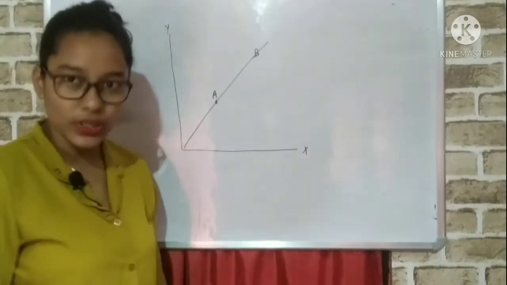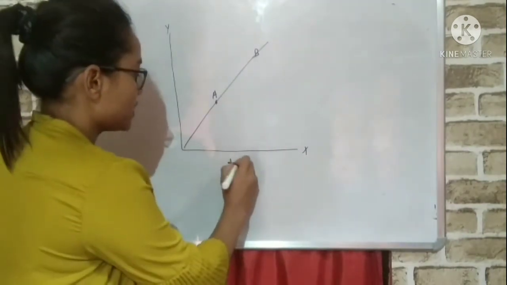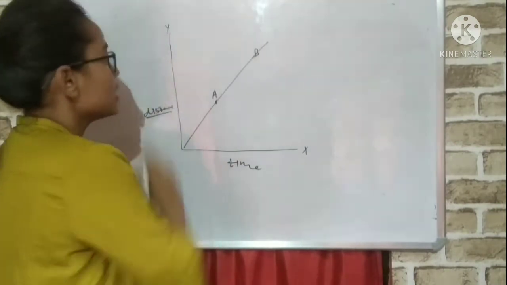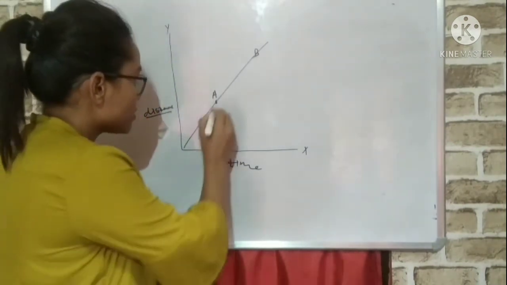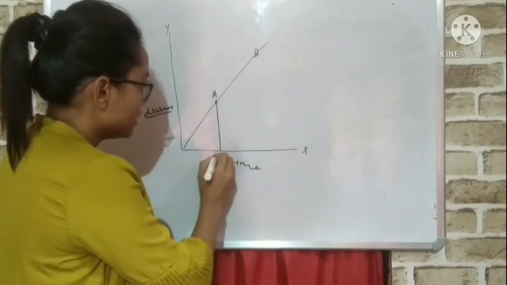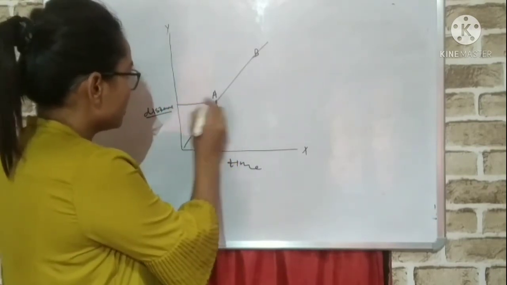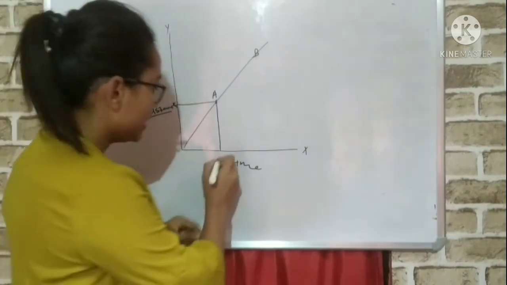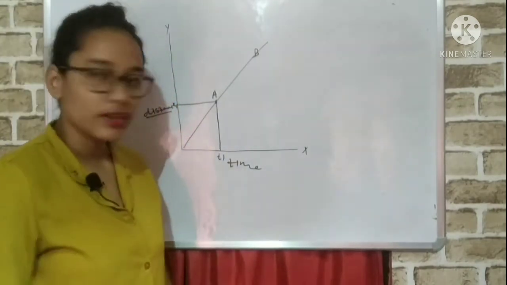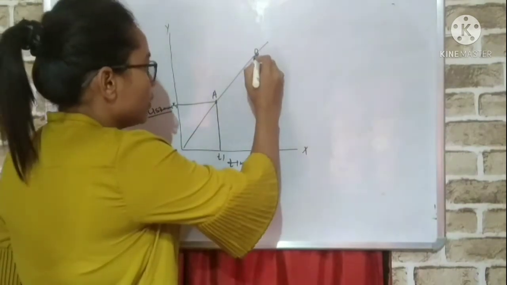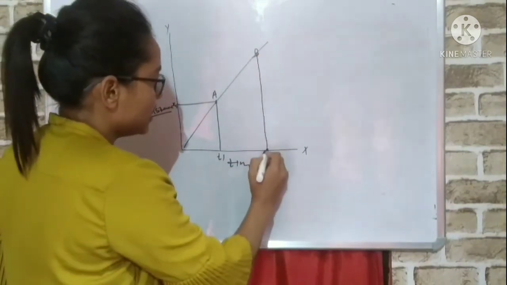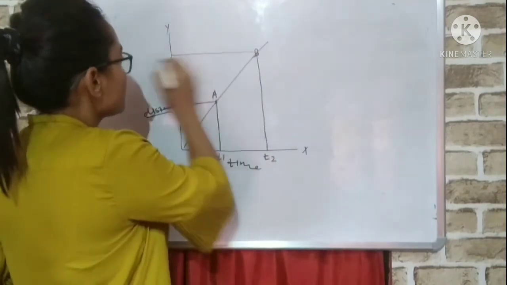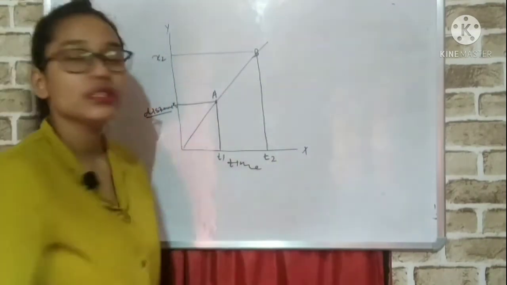to point B. Suppose this axis is for time and this one is for distance. Suppose the car at point A has traveled x1 distance in t1 time. Now when the car reached point B, it traveled x2 distance in t2 time.